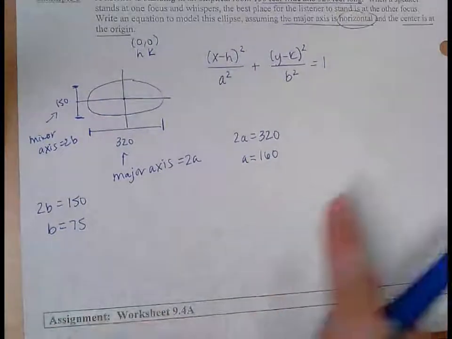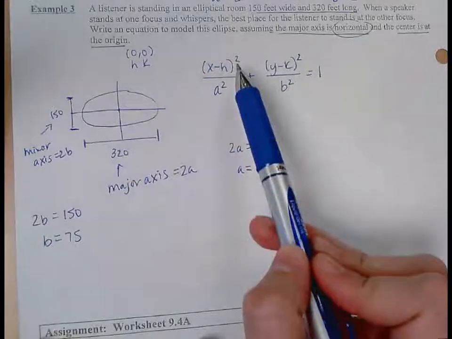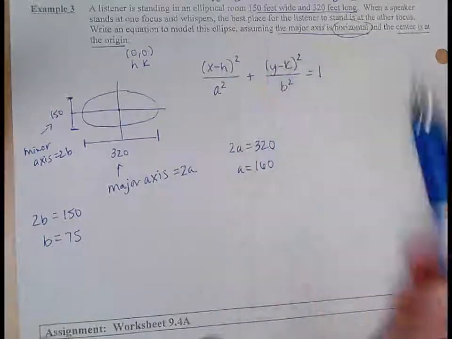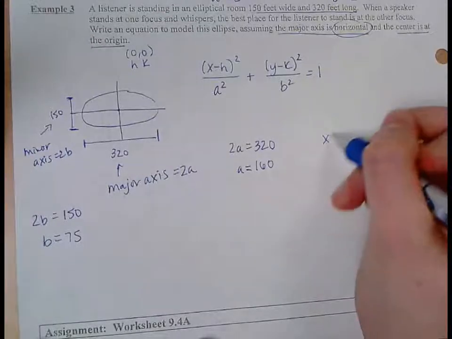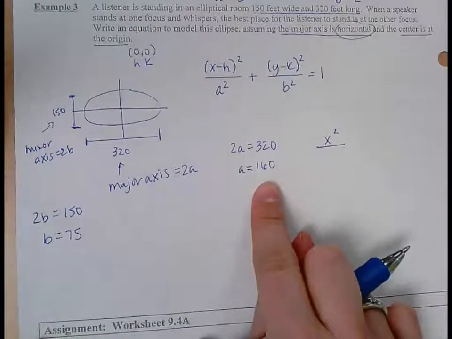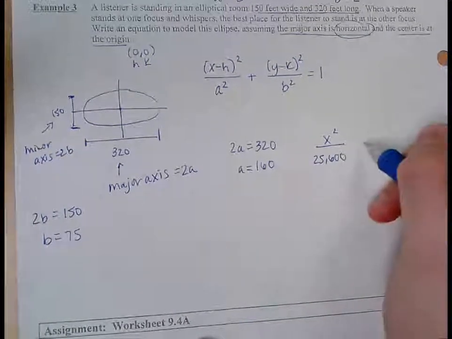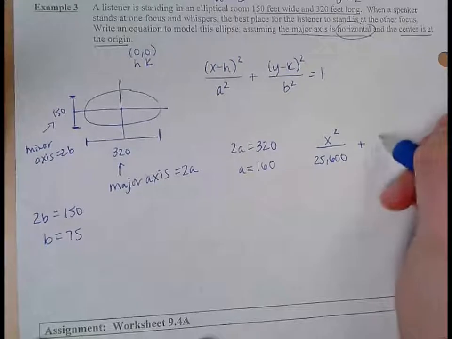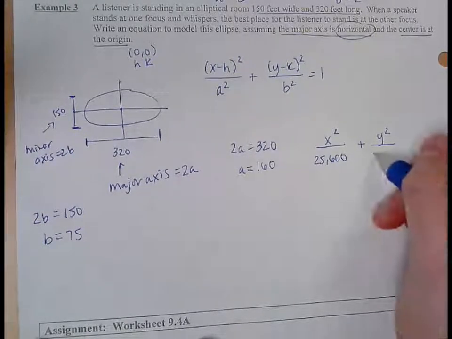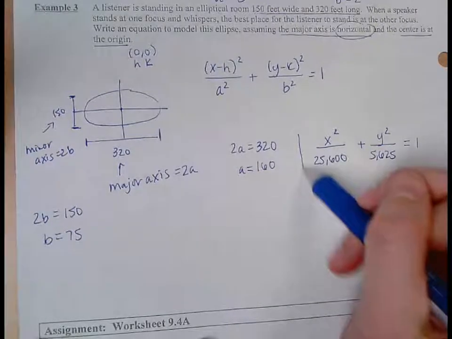Okay, then I'm ready to substitute everything in. Since h, k are 0, I can just write x minus h squared as x squared, and this is y squared. So I have x squared over 160 squared, which is 25,600, plus y squared over 75 squared, which is 5,625, and it's equal to 1.